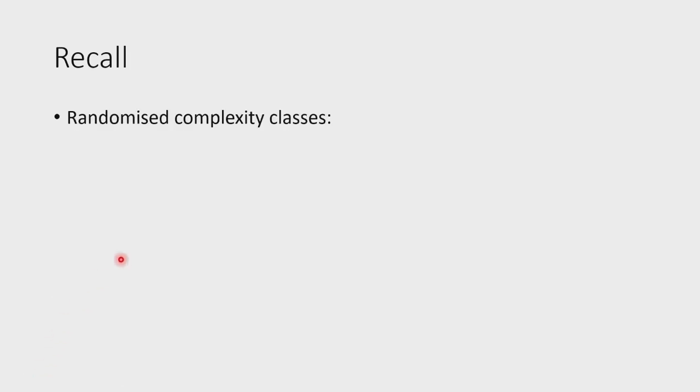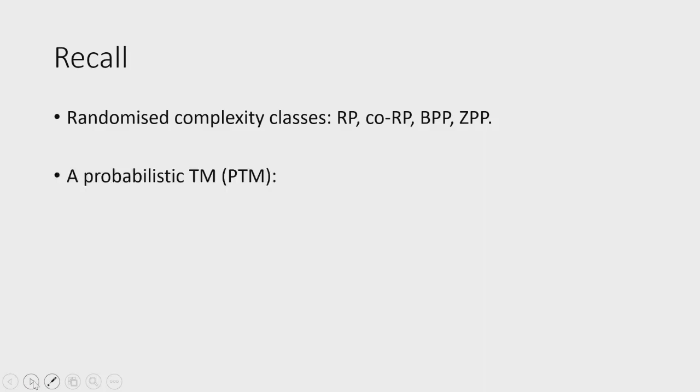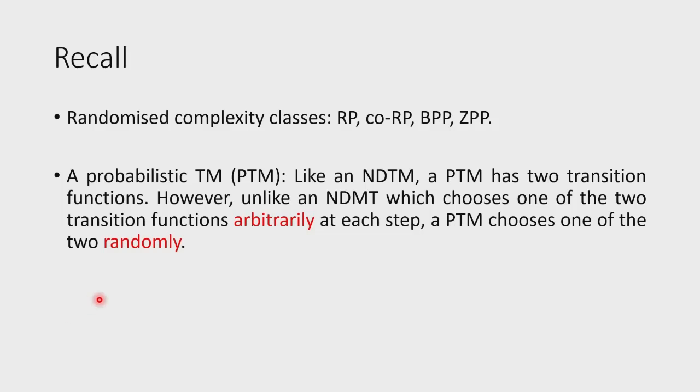So then you saw randomized complexity classes, and the classes that you saw were RP, coRP, BPP, and ZPP. Now, to define these classes, we use the notion of a probabilistic Turing machine, or PTM, which is defined as follows. It's just like an NDTM in that it also has two transition functions.